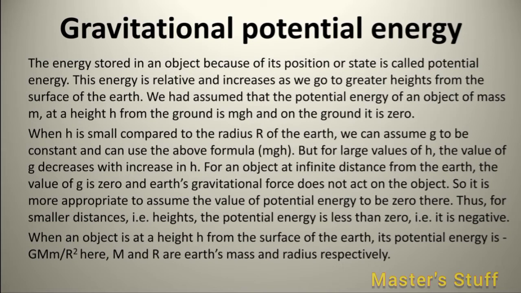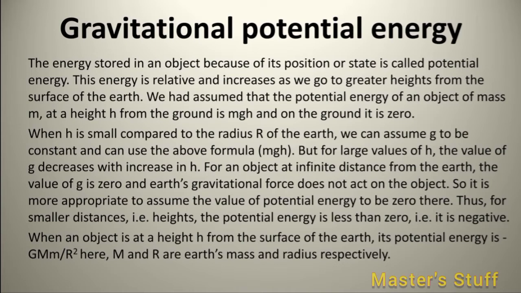For an object at infinite distance from the earth, the value of g is 0 and Earth's gravitational force does not act on the object. So it is more appropriate to assume the value of potential energy to be 0 there.